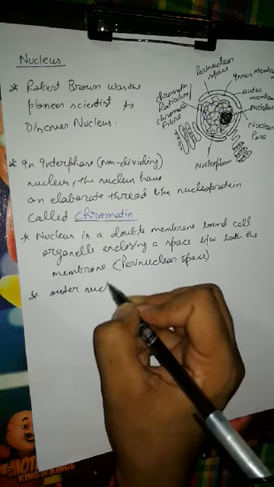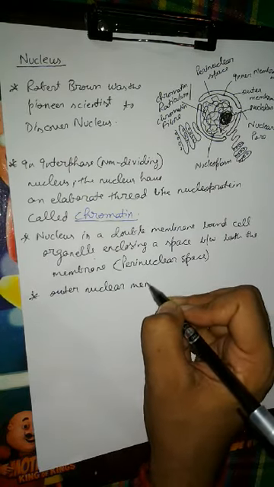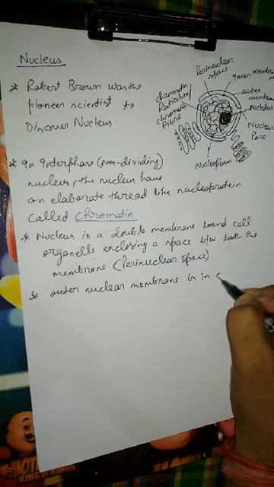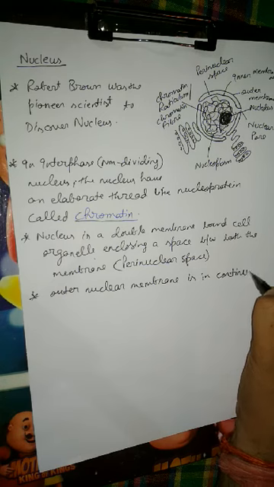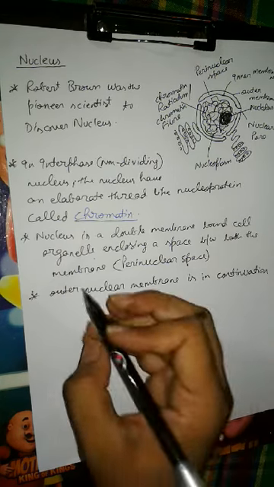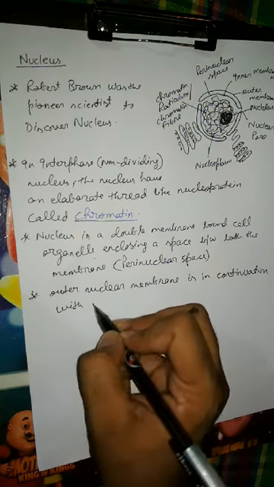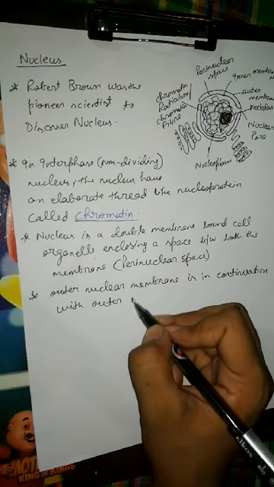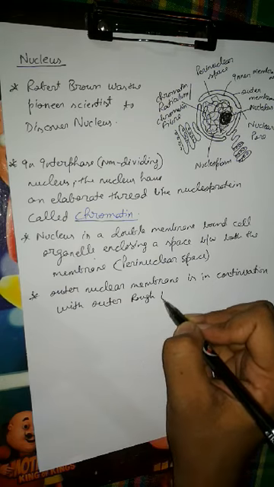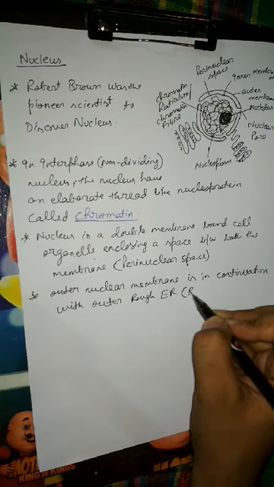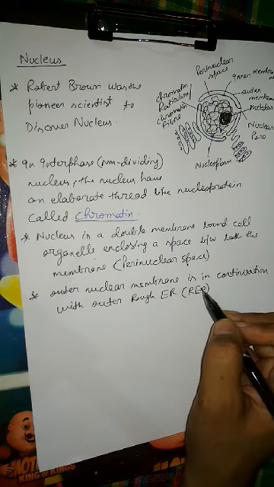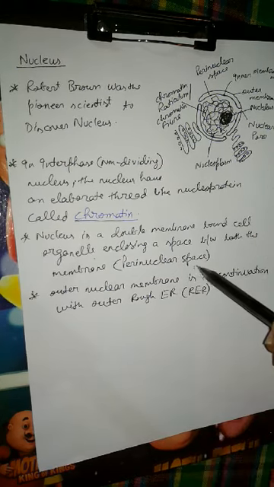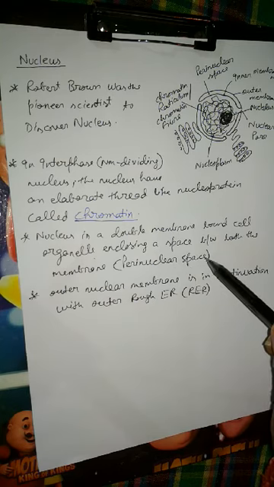The outer nuclear membrane is in continuation with the rough endoplasmic reticulum, rough ER in bracket, RER. Okay. One more thing I want to ask you: what is the function of this perinuclear space?